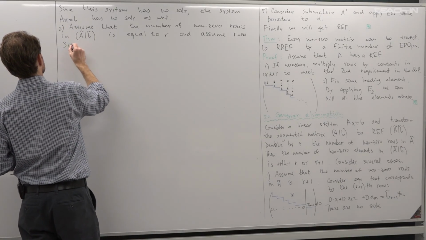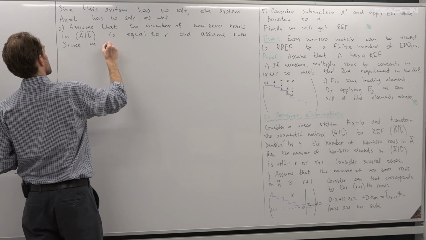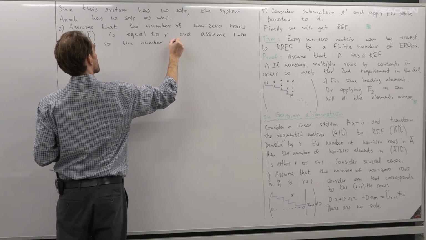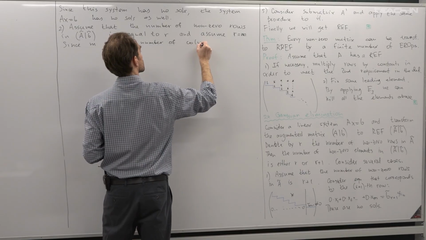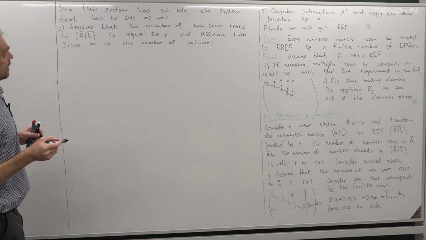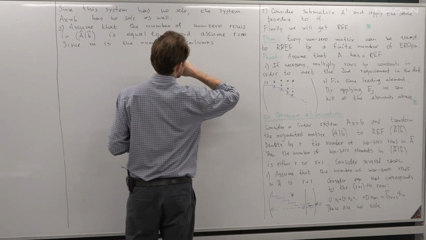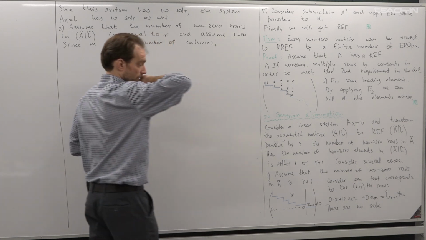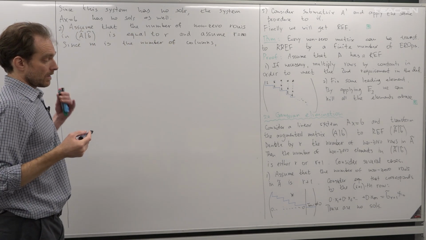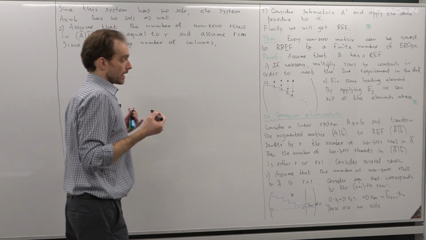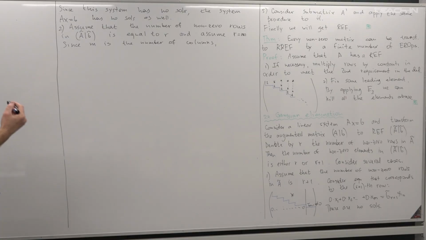So since M is the number of columns, we can see that in this case we have a leading element in every column.